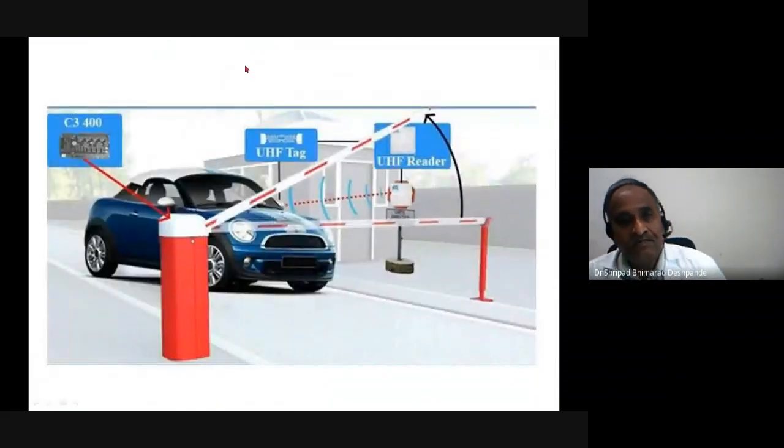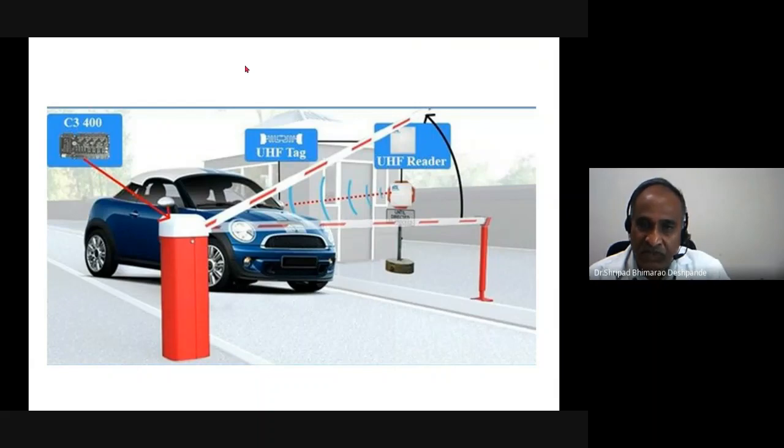Now, yes, you guessed right. It is the toll gate for the movement of vehicles, especially cars. Here is the automatic toll gate: the signal is sensed, and after sensing the signal, it reads it and then opens the gate.